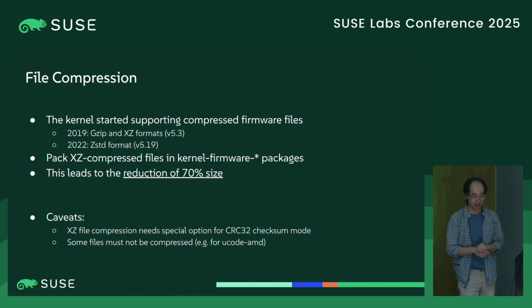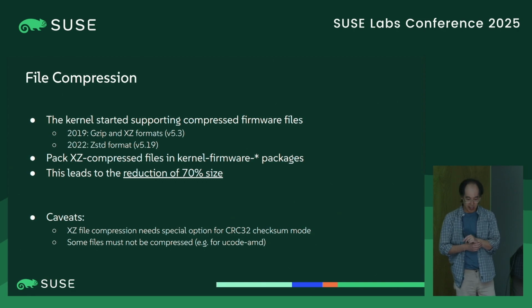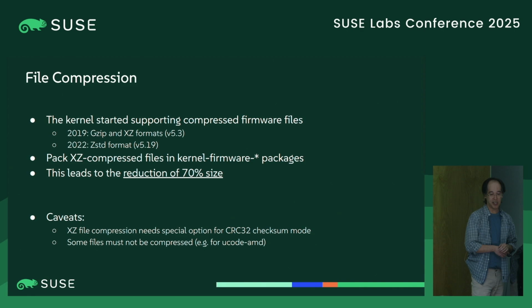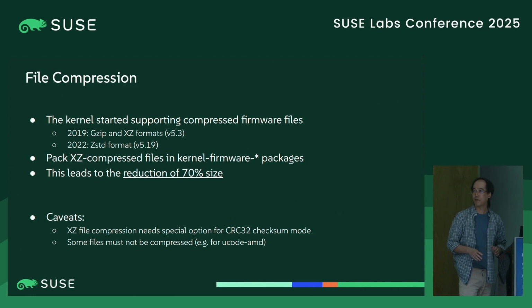We took the XZ format because it gives a better compression ratio, although the compression time is much longer, but it doesn't matter for the users. That alone resulted in a size reduction of 70%, so it went to almost a third. There are a few caveats, but you don't need to read so much. They're package details.